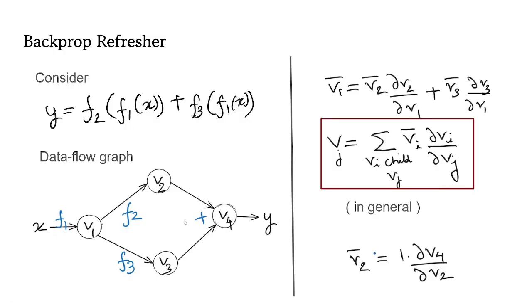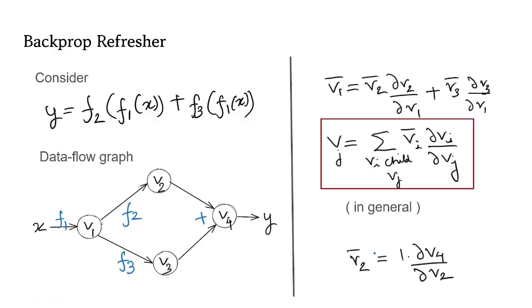So this graph is no longer the neat chain we saw earlier. In this case, one can show by means of multivariate calculus that v1 bar is the contribution coming from this branch and this branch. So we add them up.